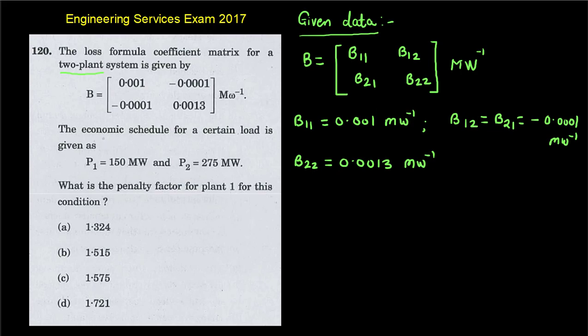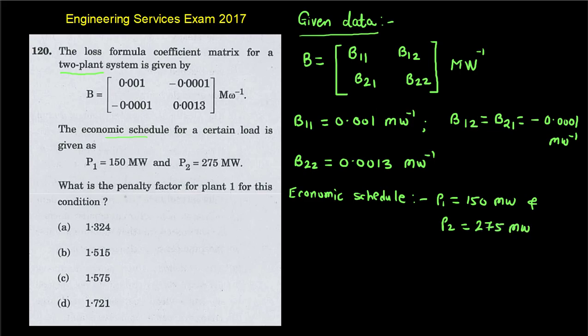Now they have specified one condition, an economic schedule: P1 equal to 150 megawatt and P2 equal to 275 megawatt.